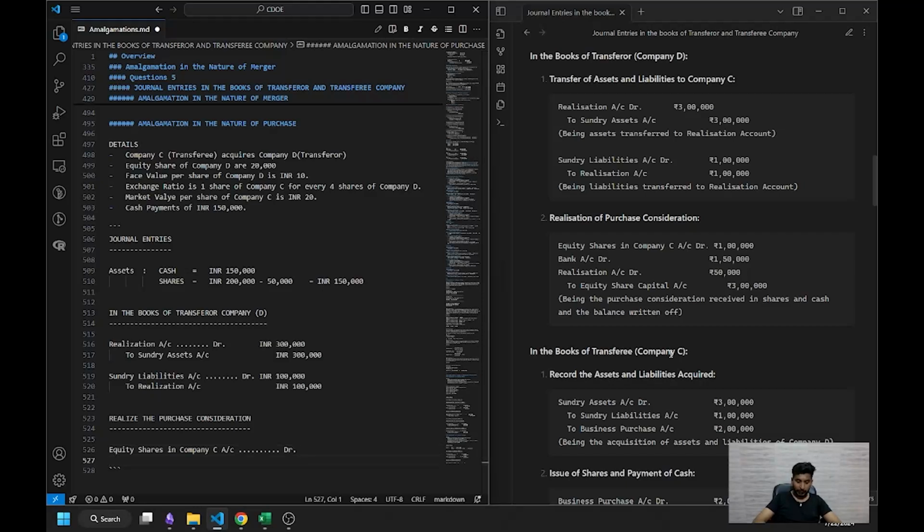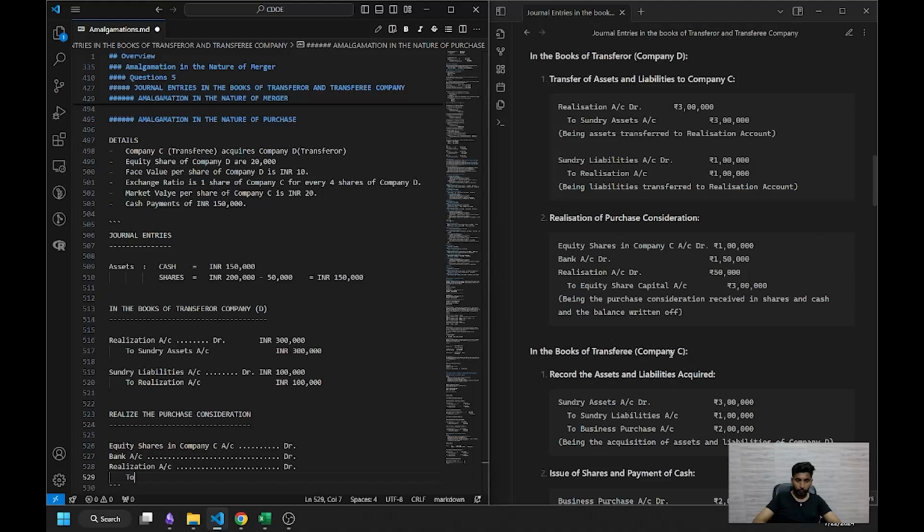bank account, which is the cash bank account, debit realization account, debit to equity share capital account.